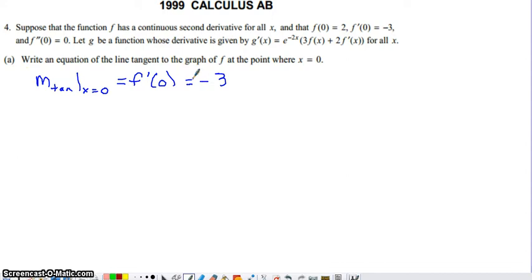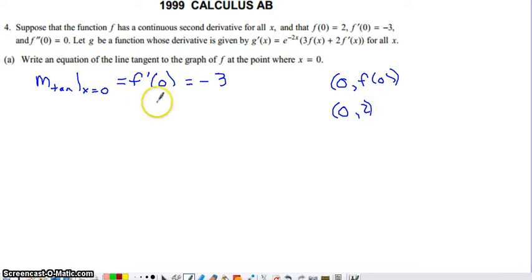We also need to know a point on the line. Well, the point on the line is going to be the x-coordinate of the point of tangency, comma, whatever the corresponding y-coordinate is. So here's the point of tangency, but they tell us what f of 0 is. They tell us that f of 0 is 2. So the point of tangency is 0, comma 2.